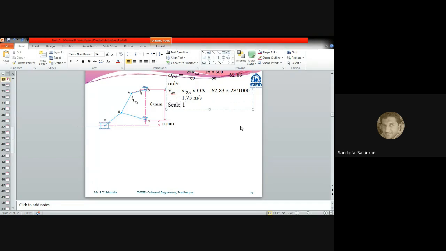Yes, 1 centimeter is equal to, can you take it as 1 meter per second? It means that you have to draw one vector which will indicate 1.75 meter per second, and that will be perpendicular because OA link is rotating in the anti-clockwise direction.